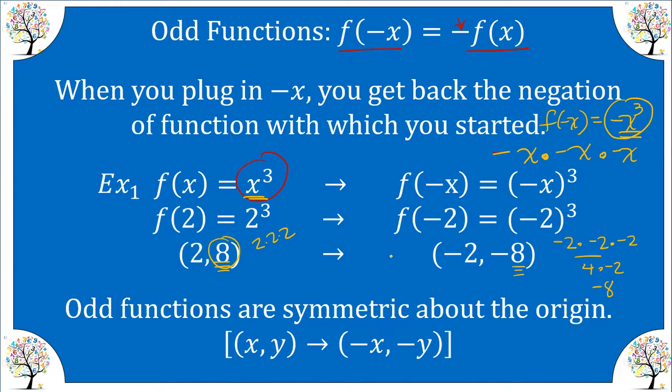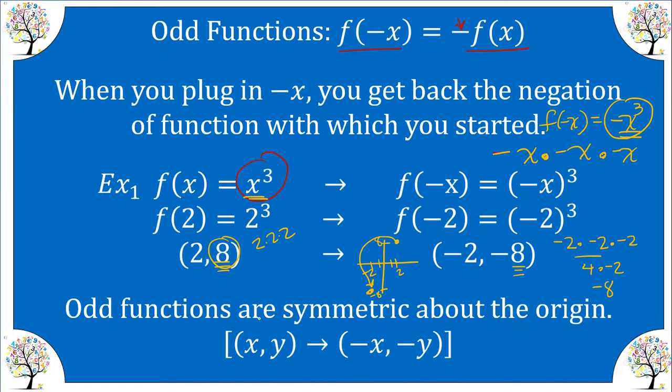So these are symmetrical about the origin. So again, if I have 2, comma, say that's 8, and then we have negative 2, comma, negative 8. These are symmetric about the origin.